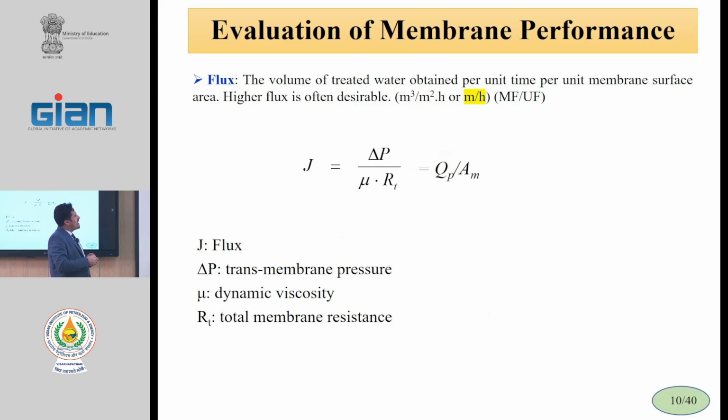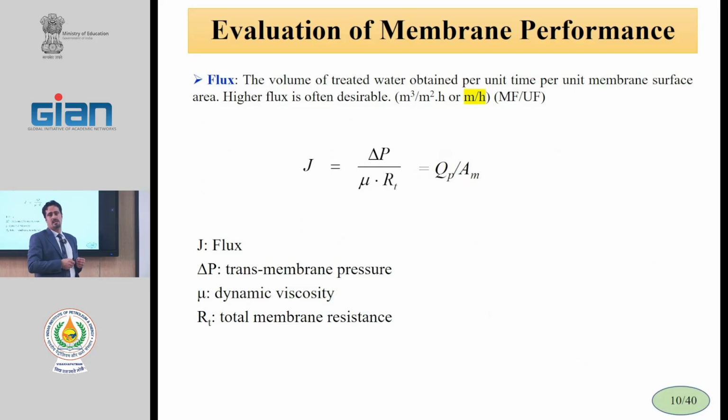You see that when we increase the pressure, the flux, the permeability, will increase. But with an increase of viscosity, the flux will be reduced, and we have a membrane resistance.